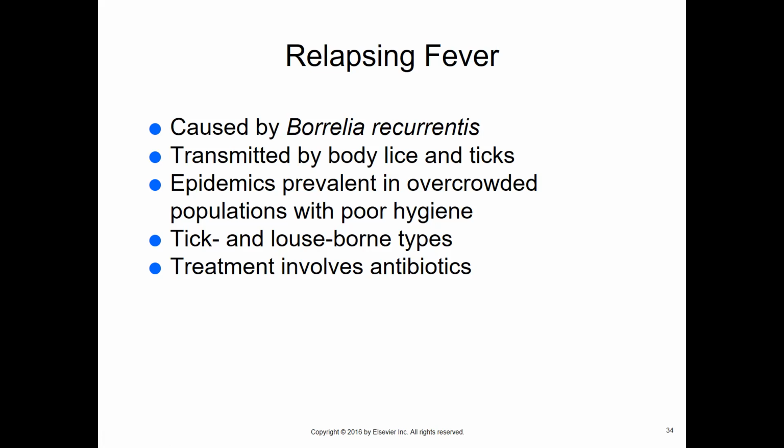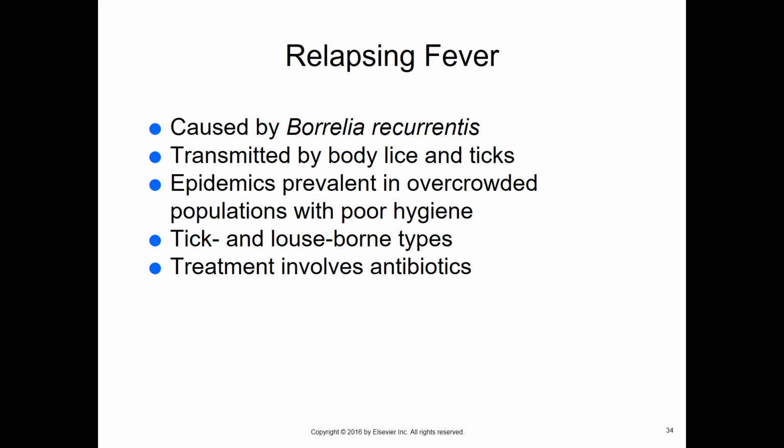It's also transmitted by ticks. It's a systemic febrile disease that happens throughout the world, but epidemics are more prevalent in overcrowded populations with poor hygiene. There are two forms. It can either be tick-borne or louse-borne, meaning it comes from lice.